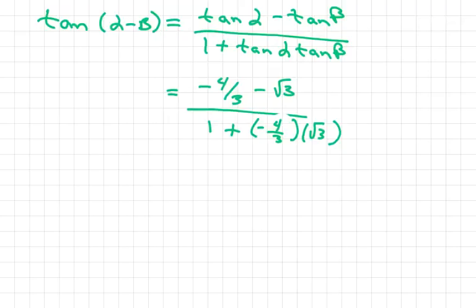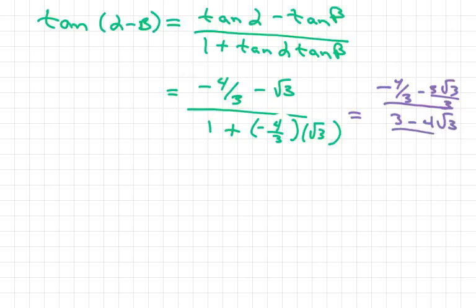And so what's going to happen is I'm going to go ahead and write all this with the common denominator of 3. So basically the numerator is just going to be negative 4/3 minus 3 root 3 over 3. And the denominator is going to be 3 minus 4 square root of 3 over 3.